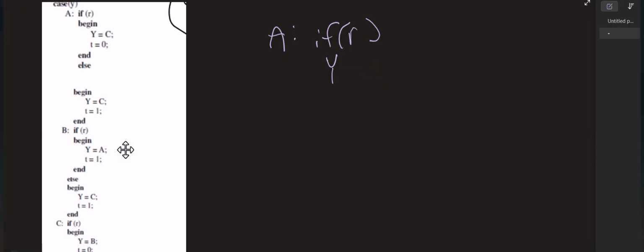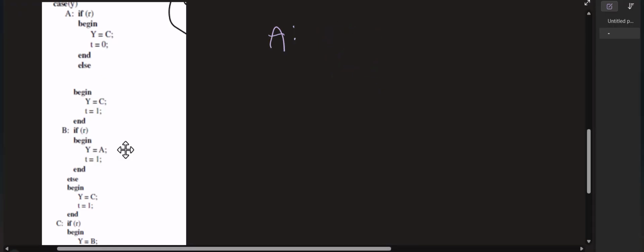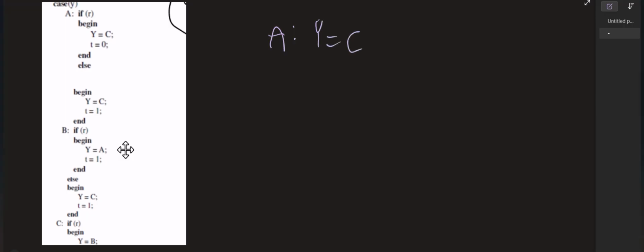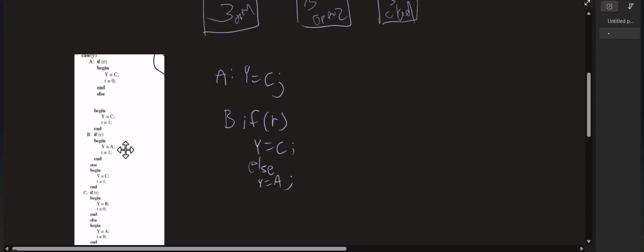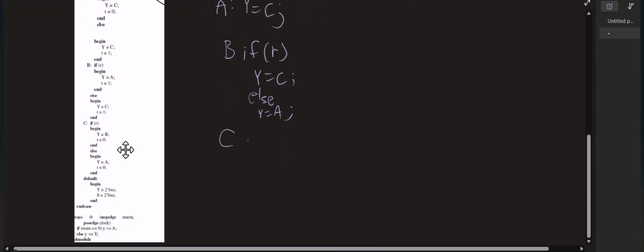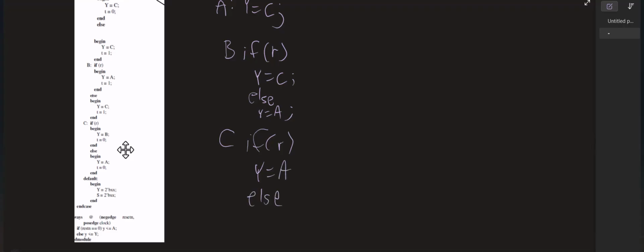Okay, so I'm changing my first always block to have my case statement look like this.